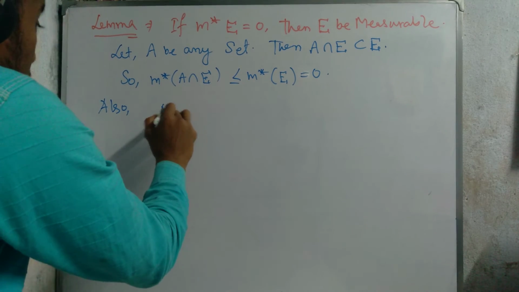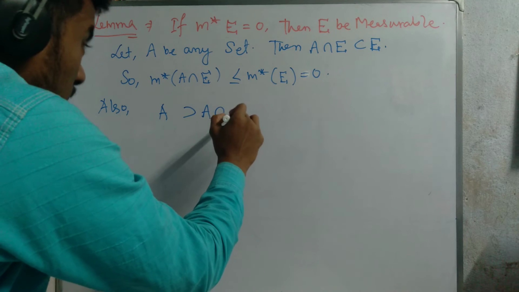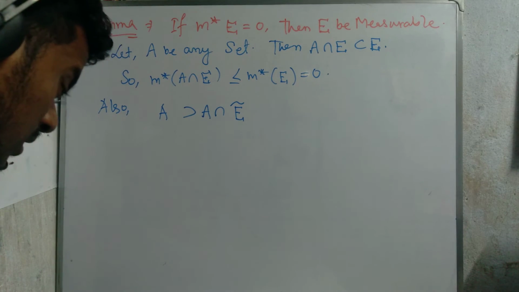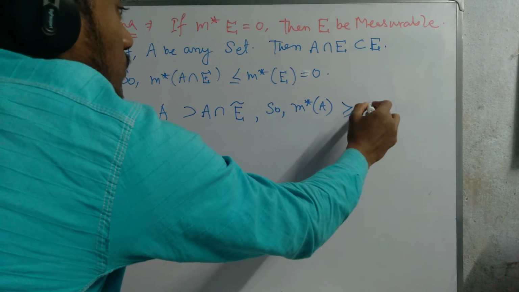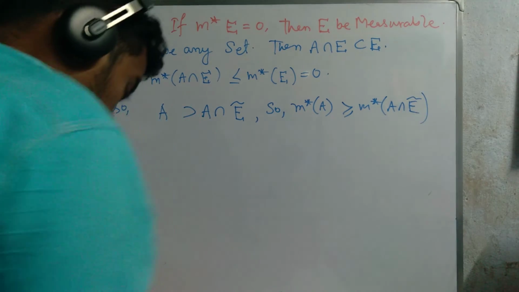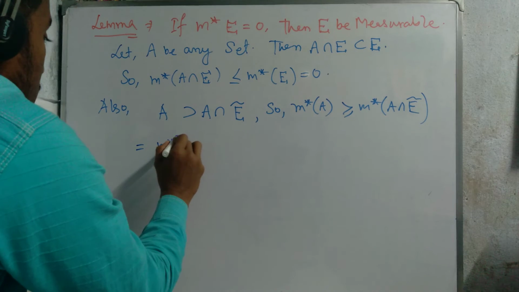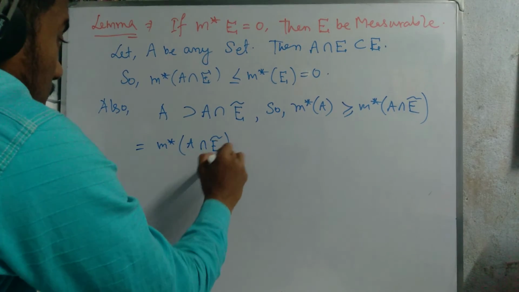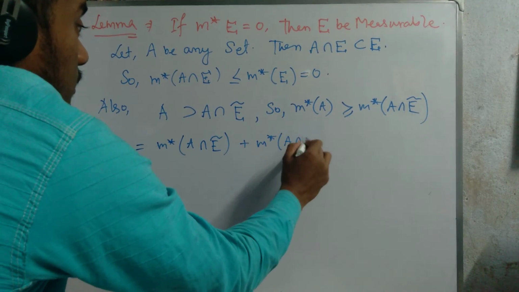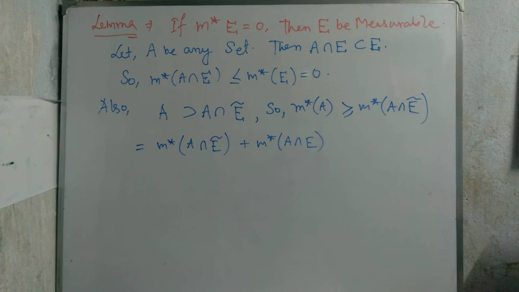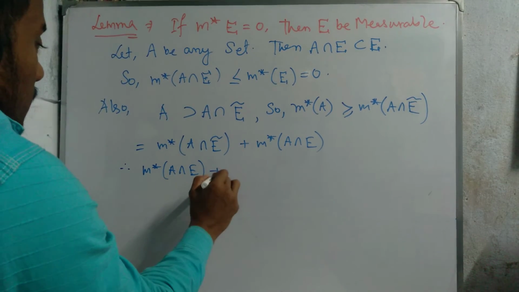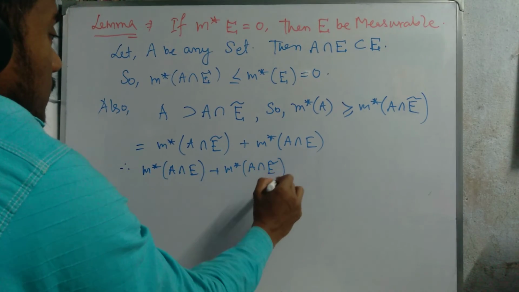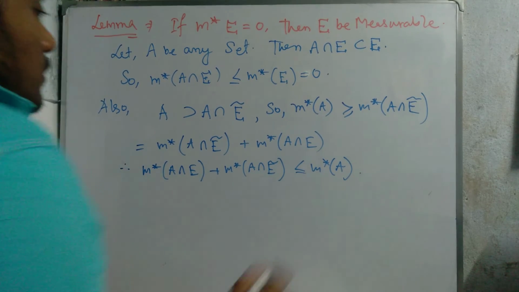Also A intersection E complement is a subset of A, so m star E is greater than or equal to m star of A intersection E complement, equal to m star of A intersection E complement plus m star of A intersection E. Then we also see that m star of A intersection E plus m star of A intersection E complement is less than or equal to m star A.